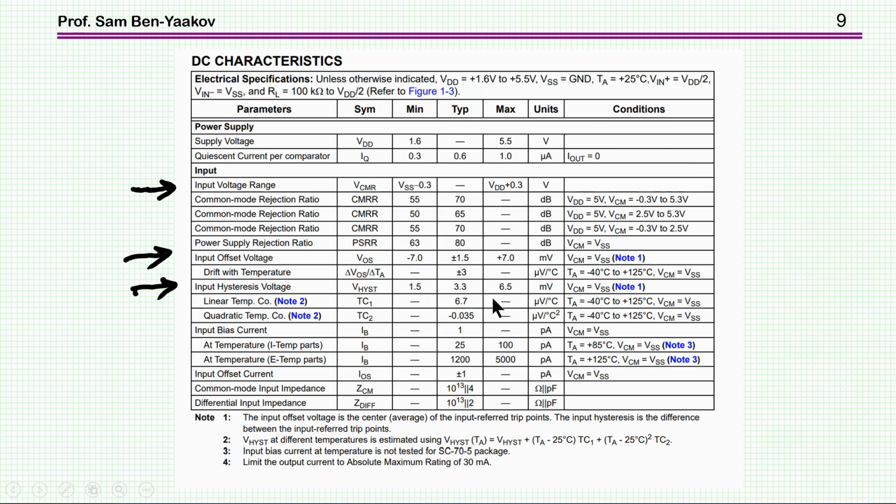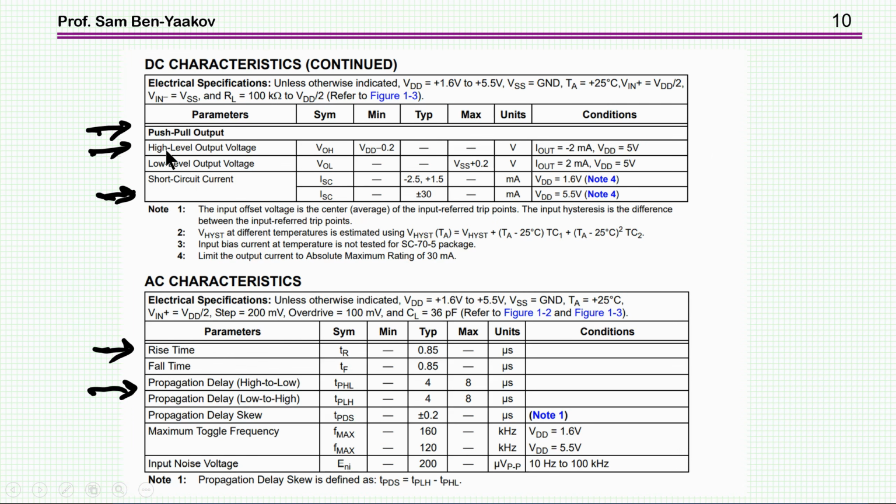That is, if you have some noise superimposed, the hysteresis will take care of it. Then we have the output section, also from VDD high to VSS, with just about 0.2 volt offset, which is okay. And then we have the rise time and fall time below 1 microsecond, and the propagation delay is typically 8 microseconds, which is within the range that I've specified.